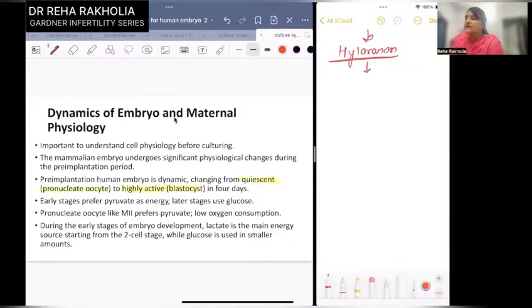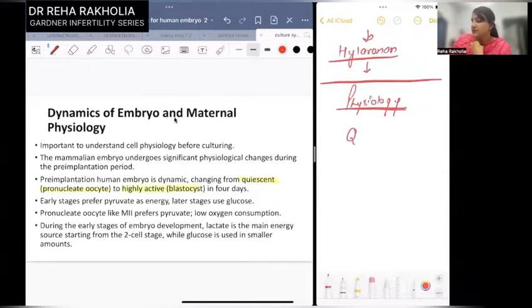From the quiescent pronucleated stage, it is changing into the highly active blastocyst stage.